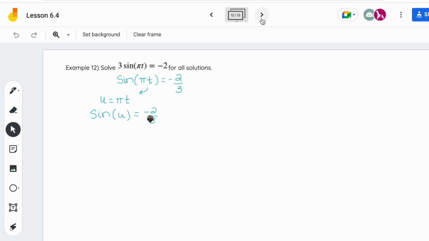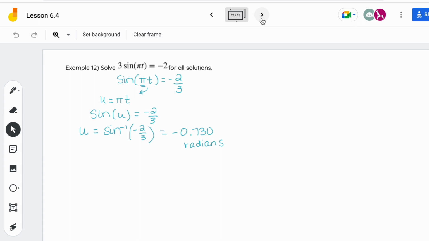So I know by definition, u has to equal the sine inverse of negative 2/3. It doesn't say, we probably should stick to radians because we do have pi and pi is radians. So we'll stick with radians. And this is equal to negative 0.730 radians.